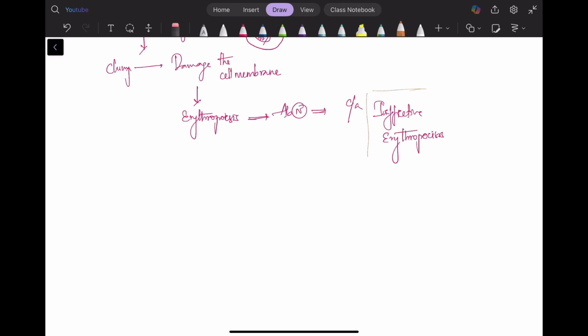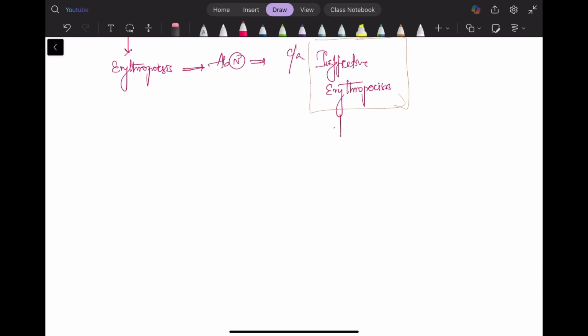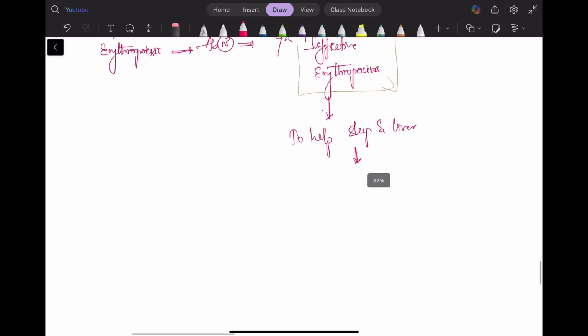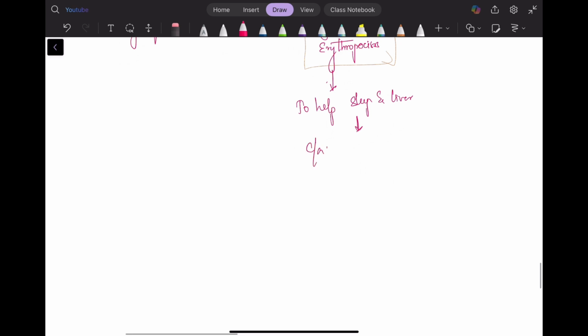So I hope this is clear, right? What is affecting is the alpha chain. What happens next? There is some defect in erythropoiesis. To help, the spleen and liver are present. So we have some other helpers, the spleen and the liver. What do they cause?